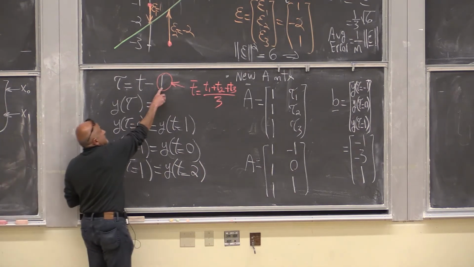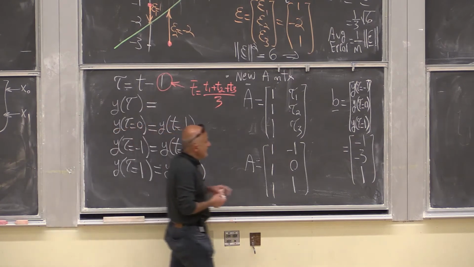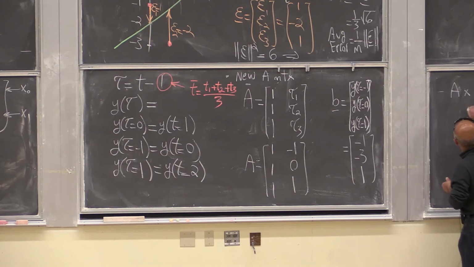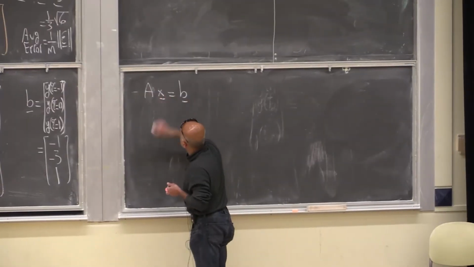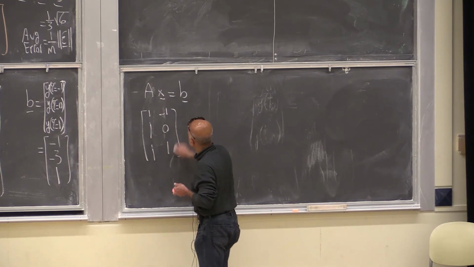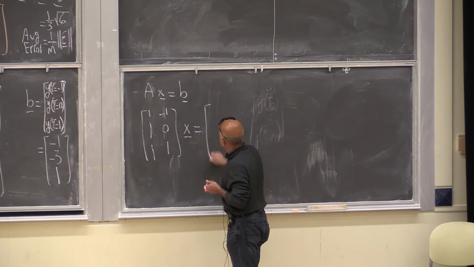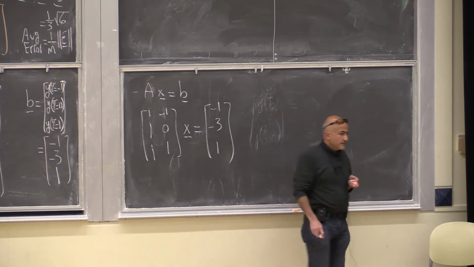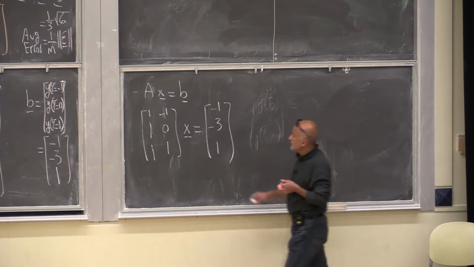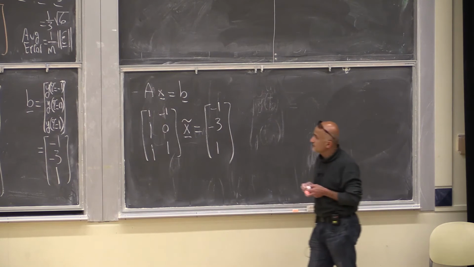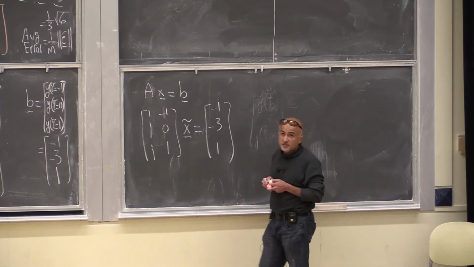So I've translated the time axis by 1 point, and by doing that, now I have a system of equations where my AX equals B is 1, 1, 1, minus 1, 0, 1. X equals minus 1, minus 3, and 1. This I may have to change to a new variable, so I'm just going to put a tilde over it, because my new equation is different.